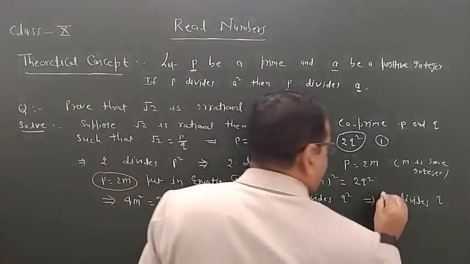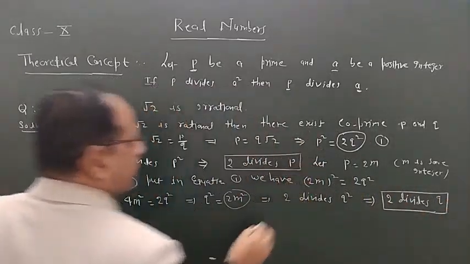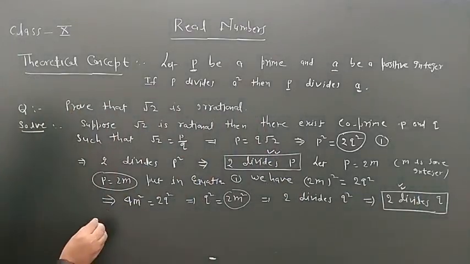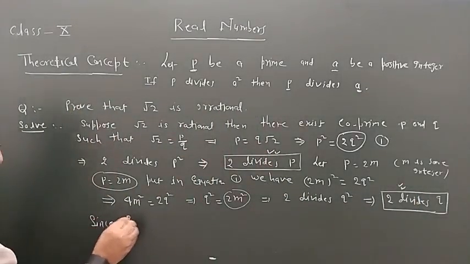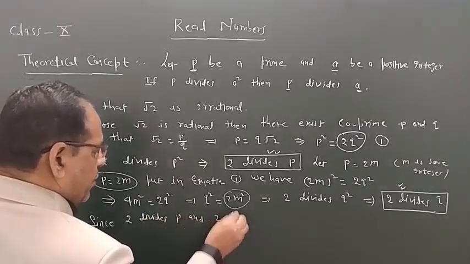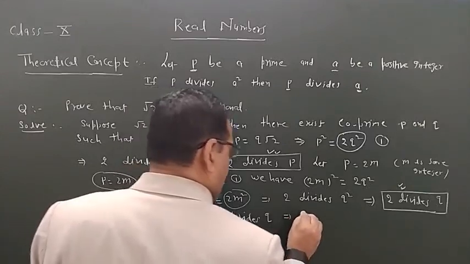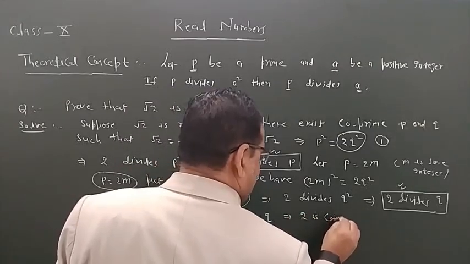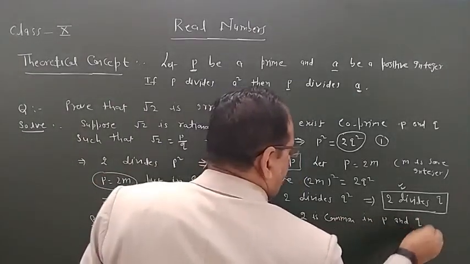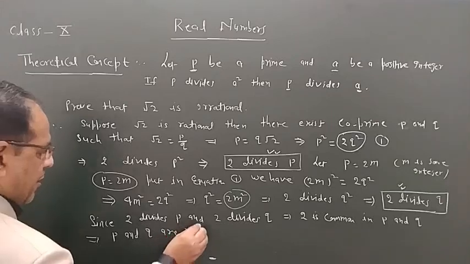So there are two steps here. Since 2 divides P and 2 divides Q, this implies that 2 is common in P and Q. This implies that P and Q are not co-prime.